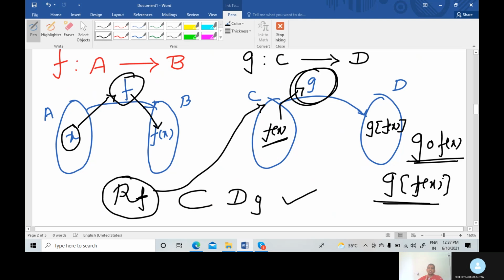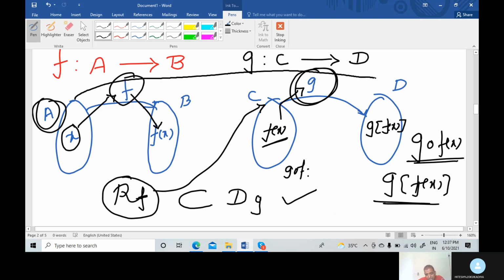So g∘f is possible. Okay, now our concept is what? g∘f function. Whenever you write any type of function, first we write the domain and second we write the codomain. So here, for the g∘f function, what's the domain? You can start here, right? And the last one, we got the answer in D, the codomain.